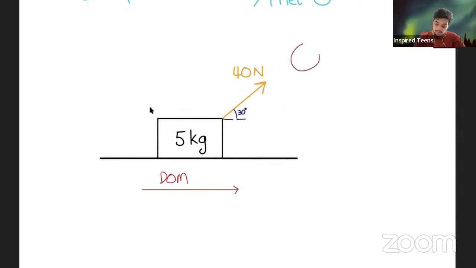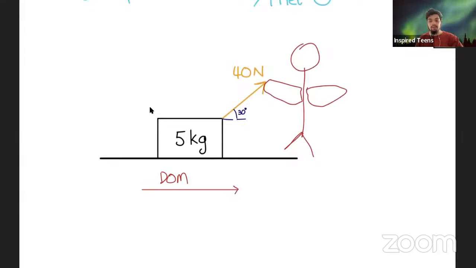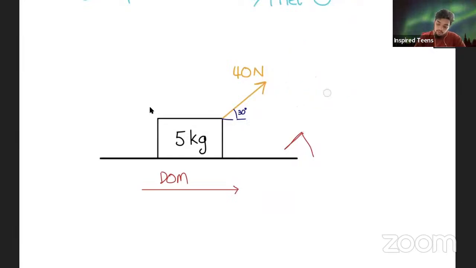Perhaps there's a person who is pulling this box to the right. But because it's a person and the box is smaller, obviously the angle of the rope is at an incline. So the direction of motion for this object is to the right.